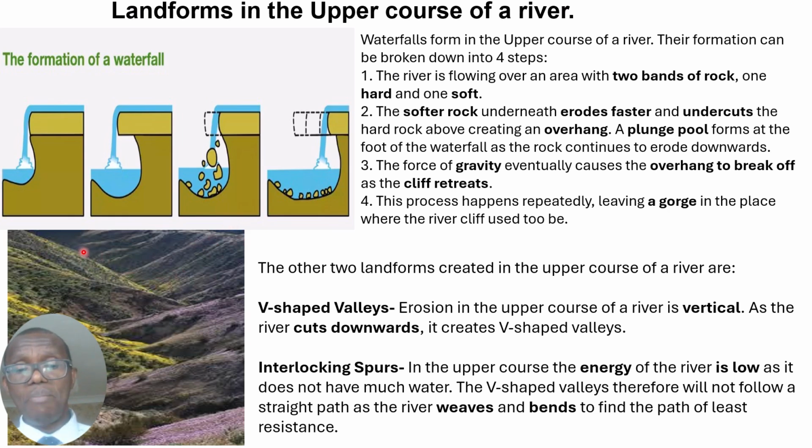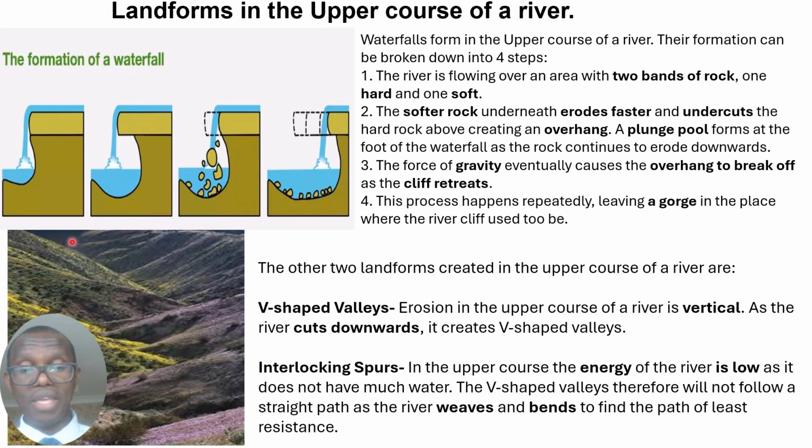But then because the river doesn't have as much energy, it's going to be trying to find the path of least resistance to move along. And as that happens, it's likely to bend and curve. And because it's doing that as it moves across a landscape, we don't see a V-shaped valley that is straight.